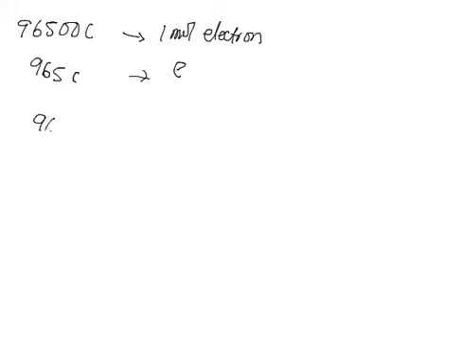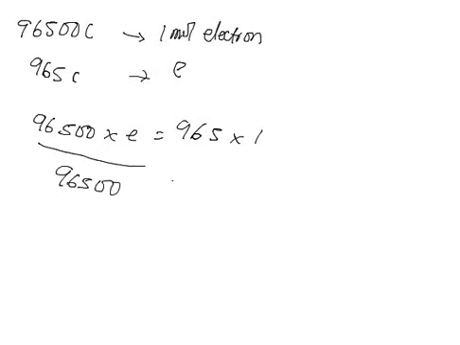You have 96,500 times E is equal to 965 times 1. So to find your E, you divide both sides by 96,500. You don't have to worry about multiplying and then dividing. Of course, it's Jamb and you don't have much time, nor do you have a sophisticated calculator.